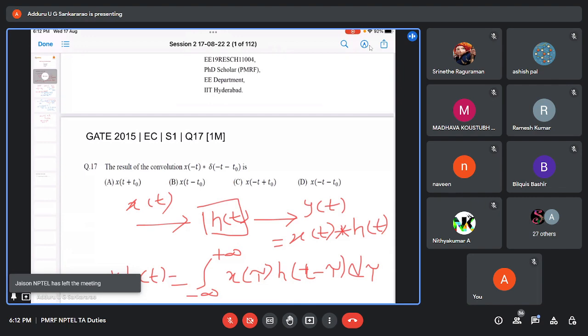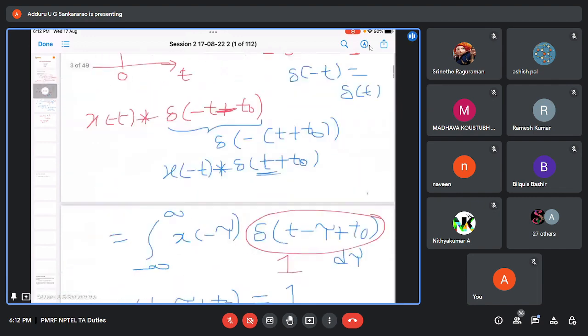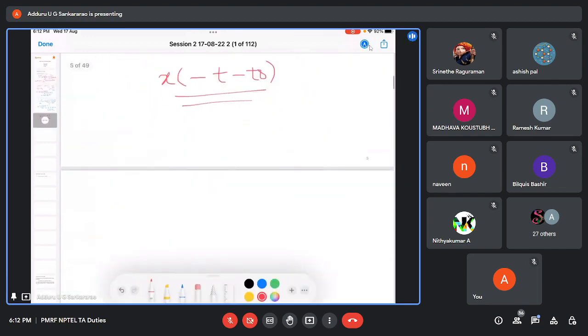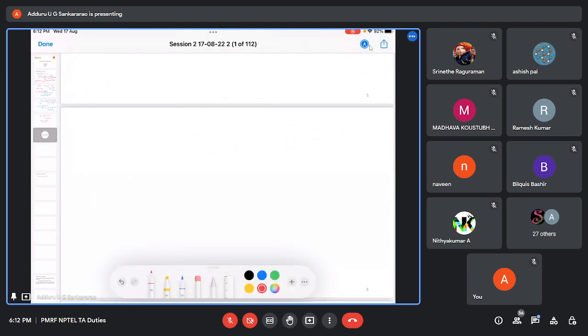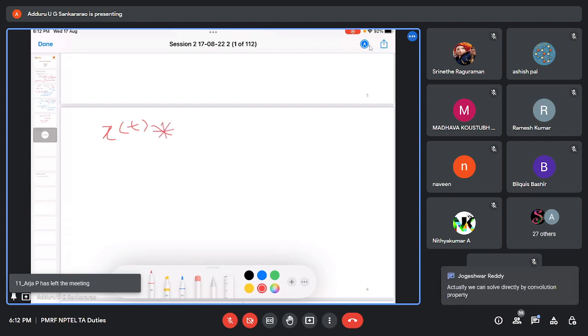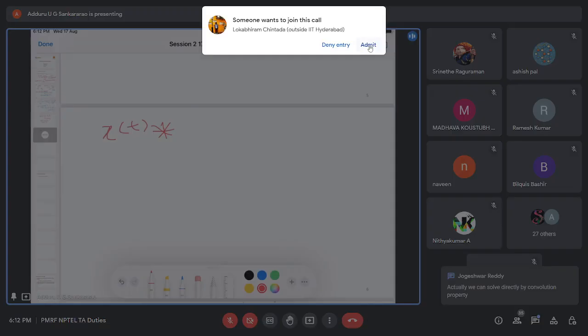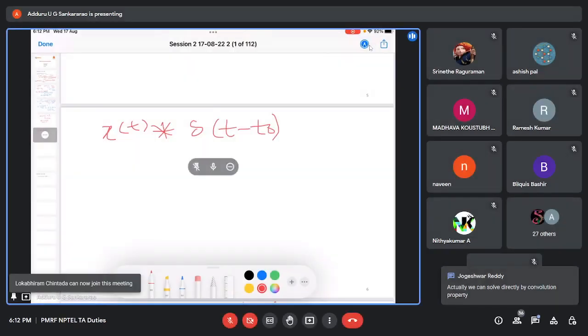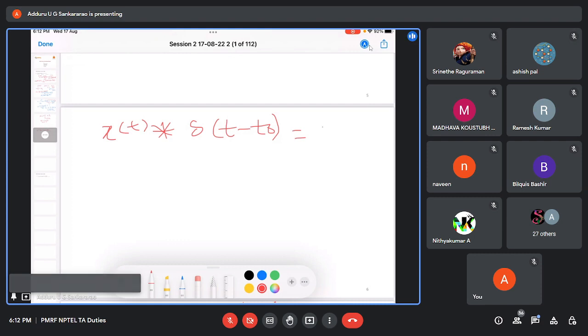Fine. So in another way, instead of doing all this, we will use one property and solve it. We know x of t convolved with del of t minus t naught equals x of t minus t naught.